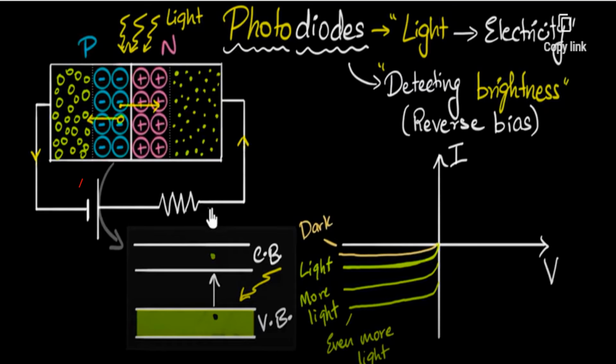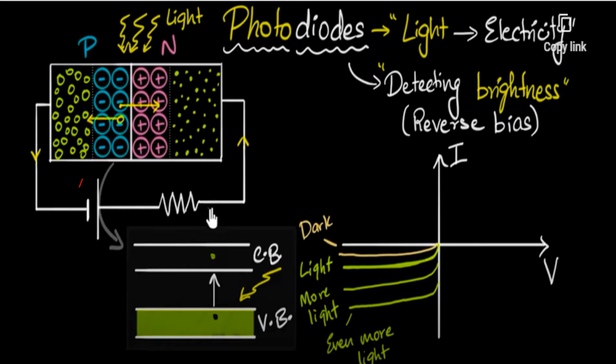These holes located in the depletion region move towards the left side in this direction, and the electrons move towards the right hand side because of this positive charge or the reverse bias. Reverse bias means here negative, and these holes are attracted towards the negative side and the electrons are attracted toward the right side. So one of the requirements is we should have the space charge region or depletion region as large as possible.